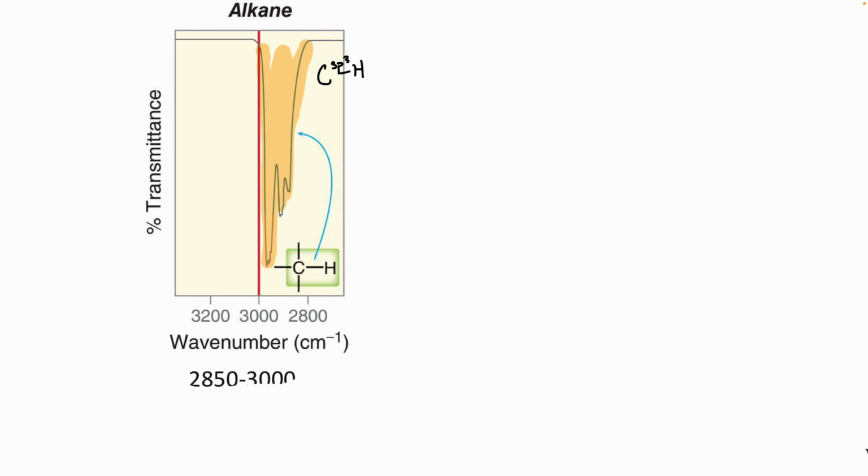Our wave number here, in this case, is around 2,800 to 3,000 inverse centimeters. We get a bunch of medium strong, narrow peaks all clustered together, right? So this is an overlay of many sharp peaks kind of stacked on top of one another.